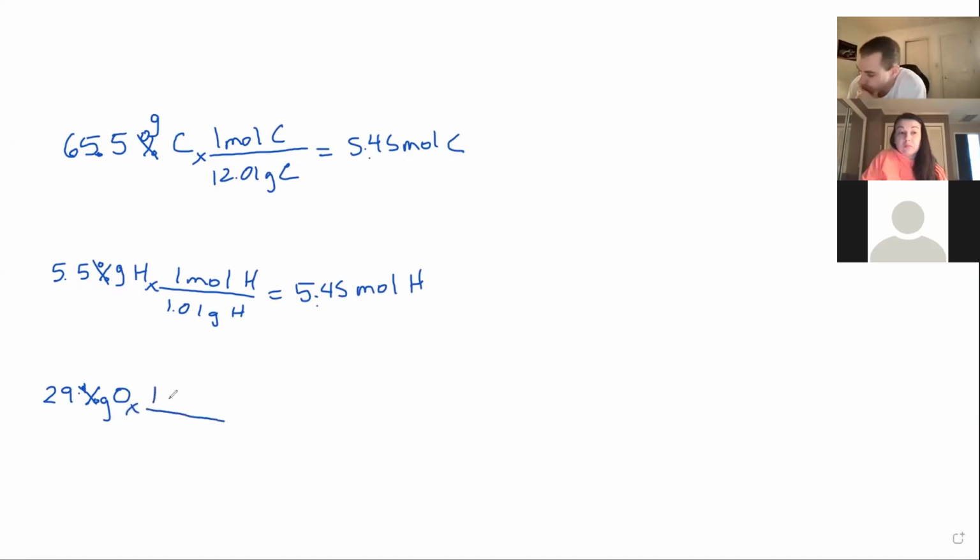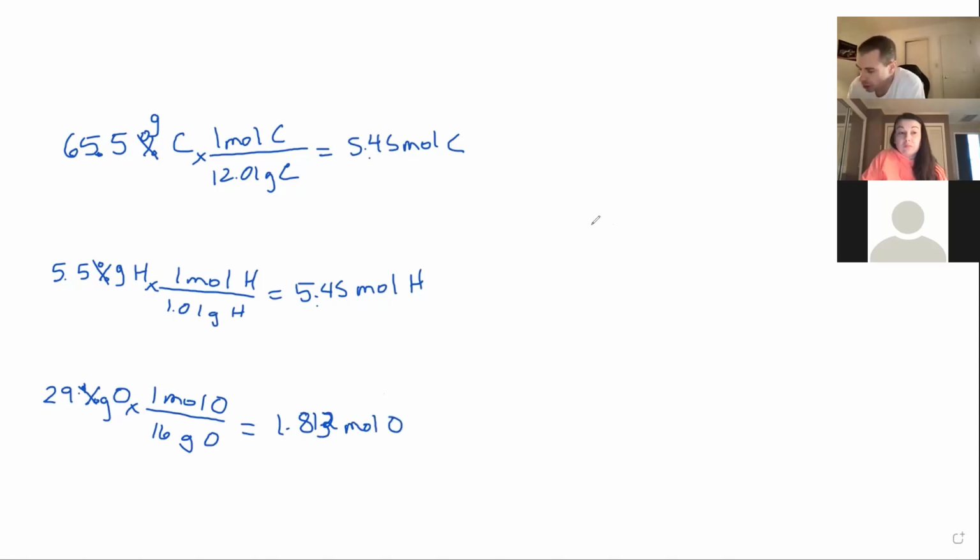This one here, 1 mole of oxygen is equivalent to 16 grams of oxygen, and that equals 1.812 or 813 moles of oxygen.